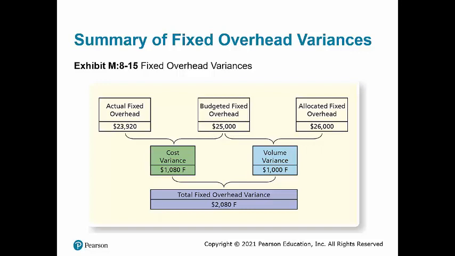Management may decide that the fixed overhead cost variance is sufficiently small and does not warrant investigation. However, management may want to investigate the variance further to determine whether the reduction in cost was controllable or whether the cost standard needs to be updated. And that is the conclusion of the presentation for Learning Objective 4.